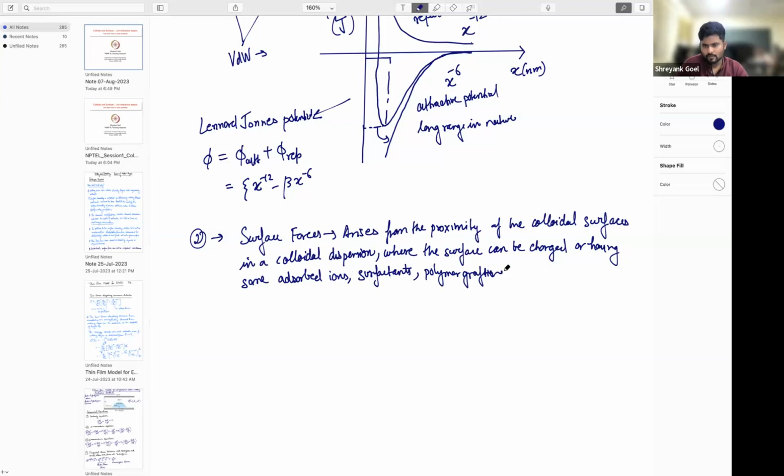All these lead to the surface interaction between two colloidal particles.